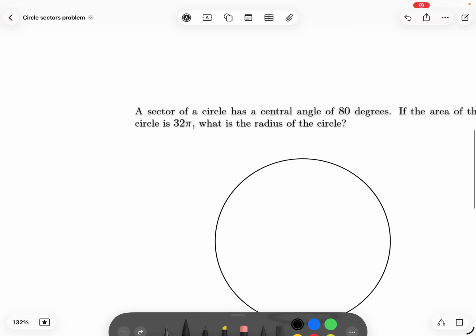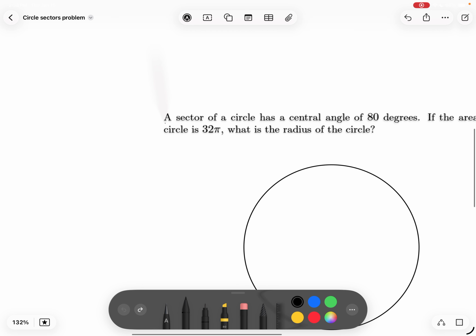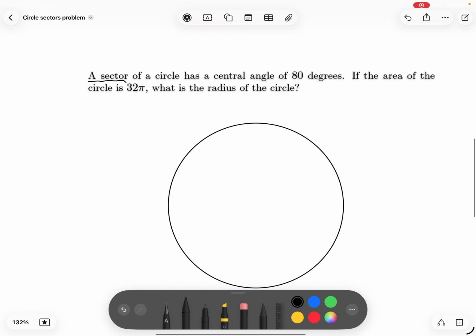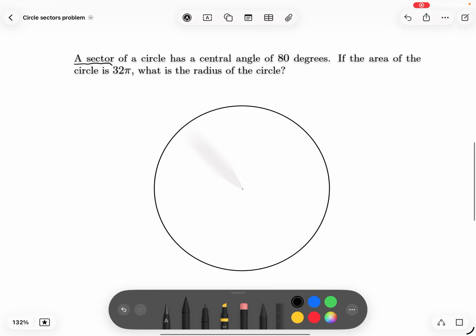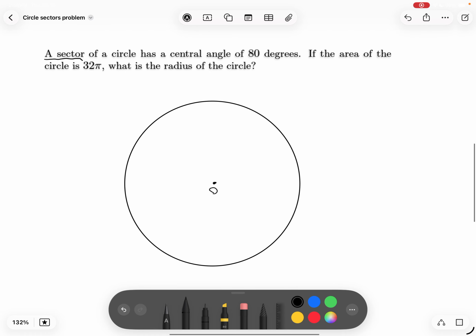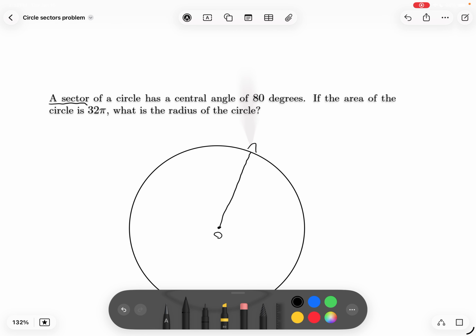Before we get started, let's define exactly what a sector is, in case you are not familiar with the term. Let me create the center point, we'll call it O, of this sample circle. A sector would be a portion or a chunk of a circle formed by 2 points on the circumference. I'm going to draw a line here, and we'll call this point A, where the line from O meets the circumference.